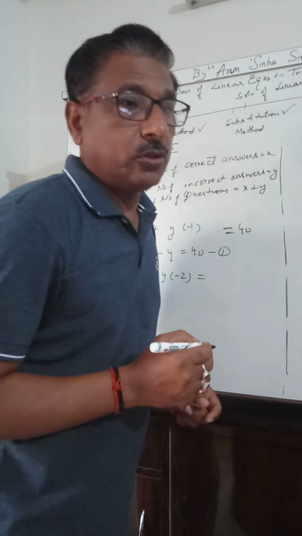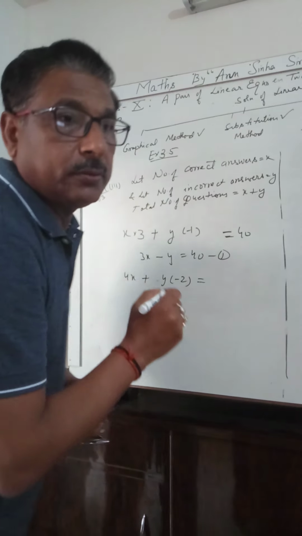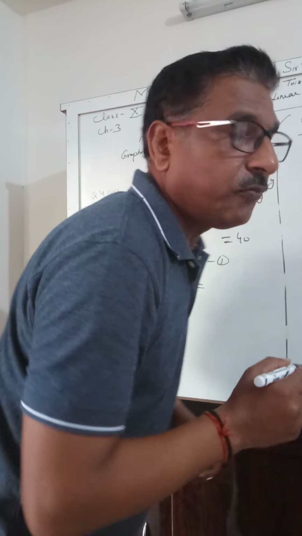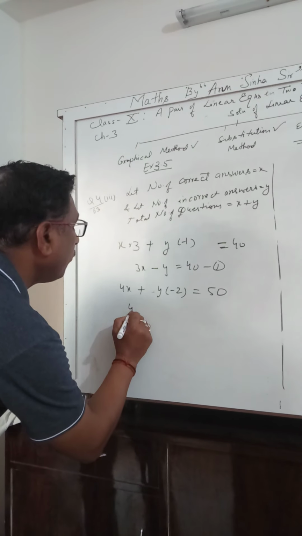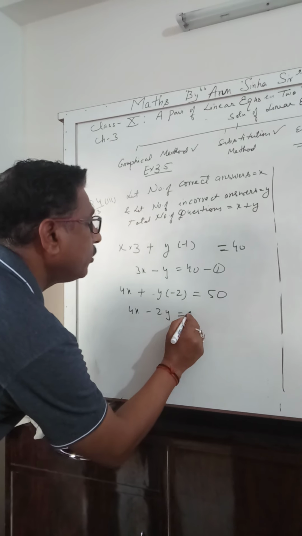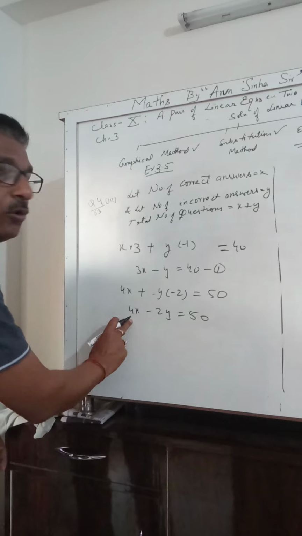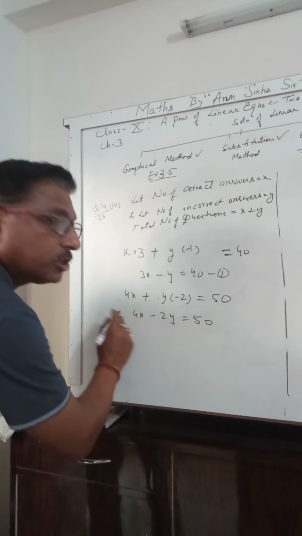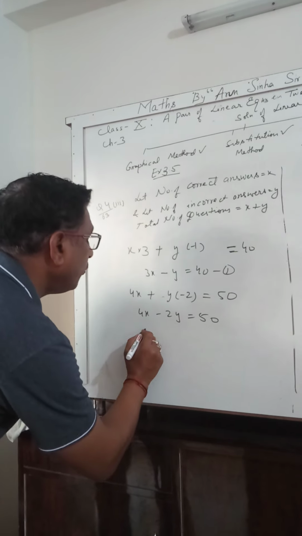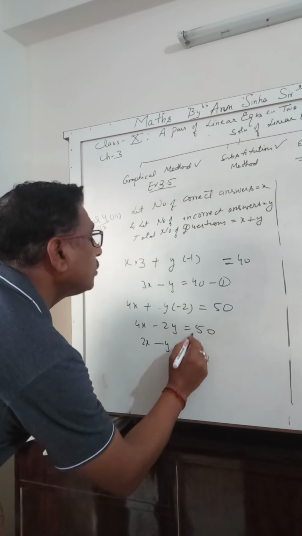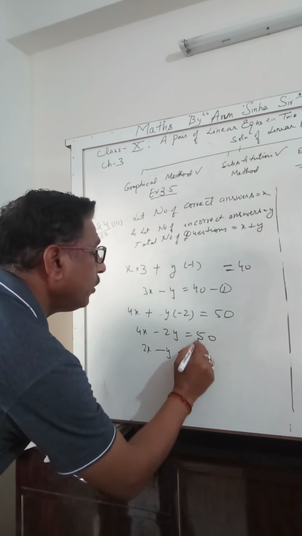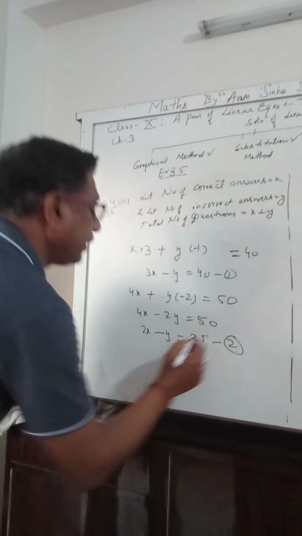Okay children, he scored 50 marks. So in standard form, 4x minus 2y equal to 50. Now you can see in the whole equation 2 is common. So just take it common and remove. You will get 2x minus y equal to 25. Okay, this is equation second.